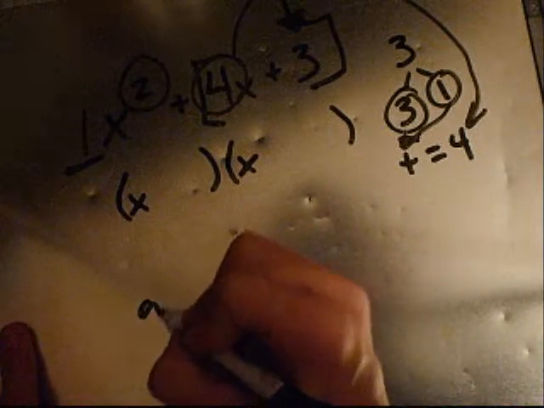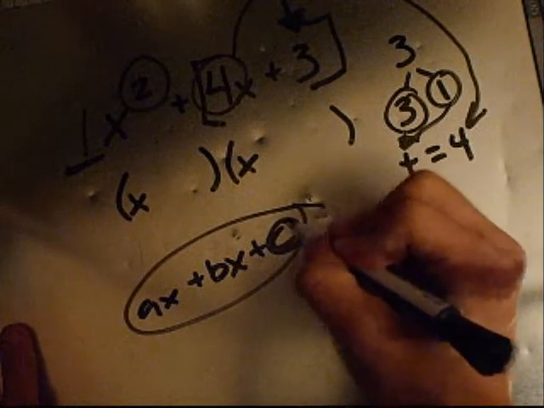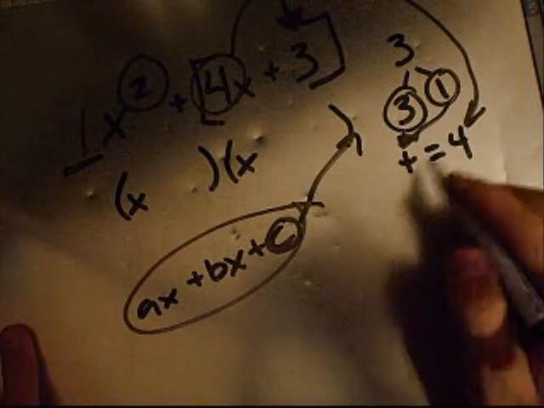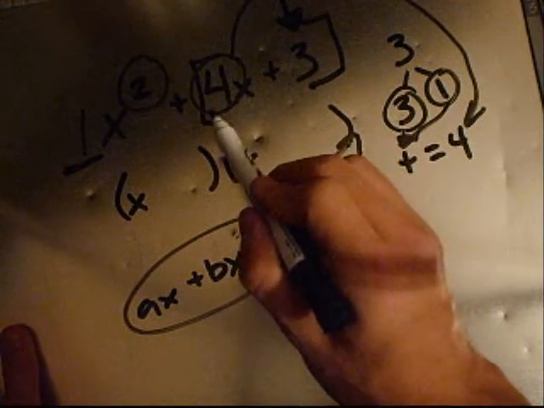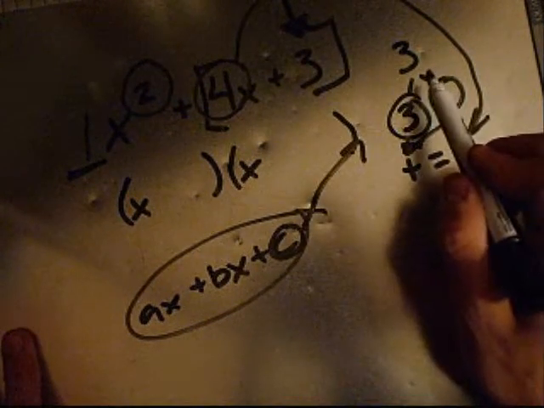As I told you before, it would be ax plus bx plus c. So you would find all the factors of your c, write them out, and then find something that sums up to 4 and multiplies to the c, 3 in this occasion.